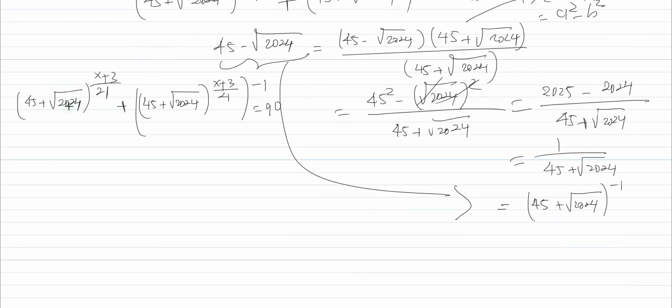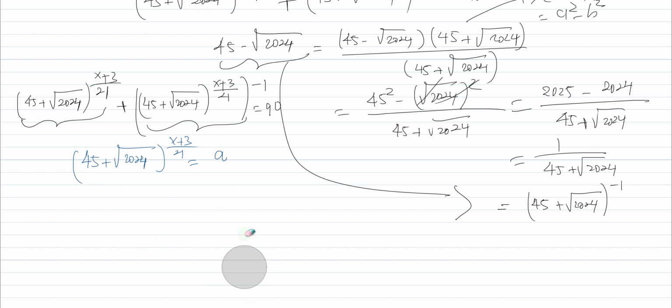So guys, now this is our equation. Now we see that this factor is the same. So we're going to say that 45 plus square root of 24 to the power of x plus 3 divided by 21 is equal to a.